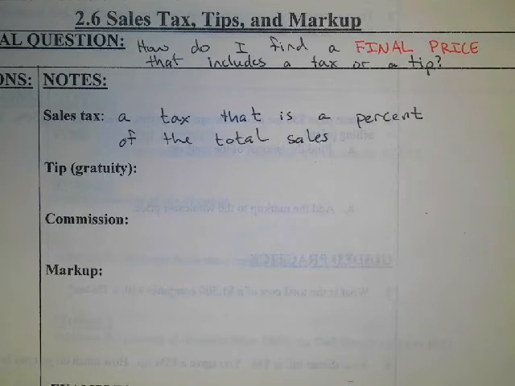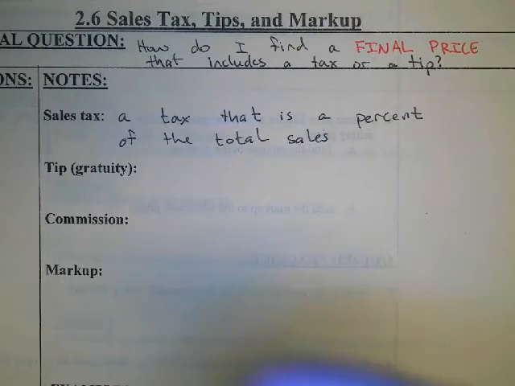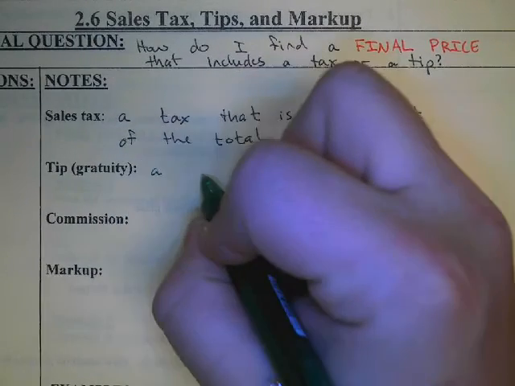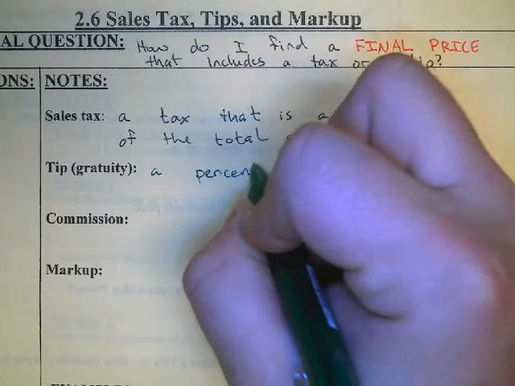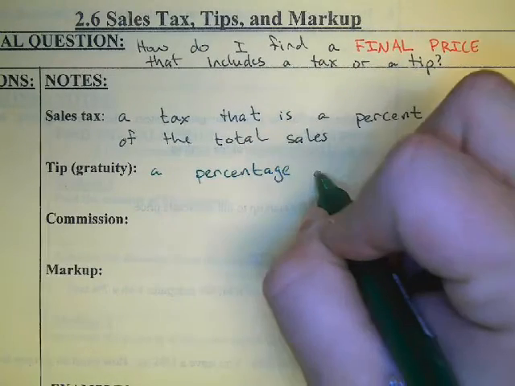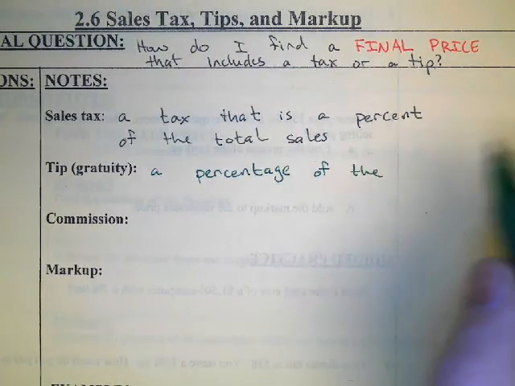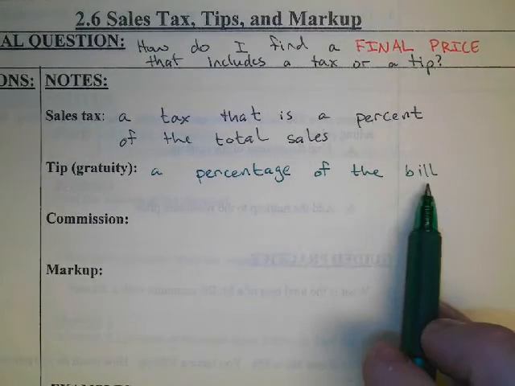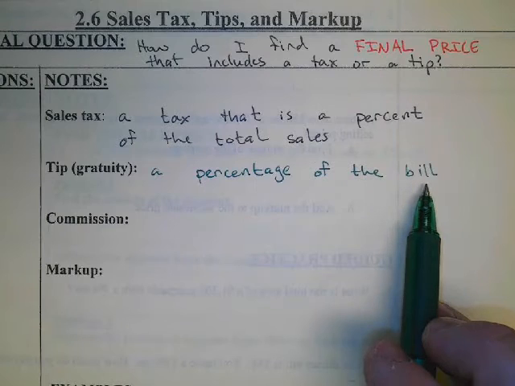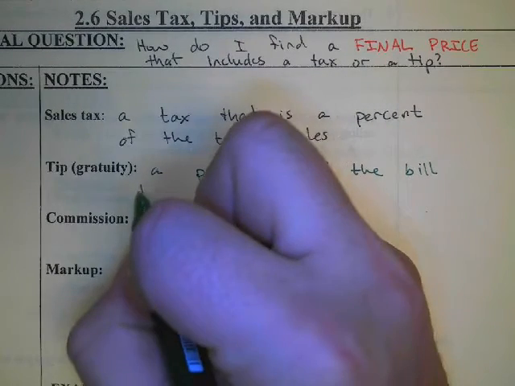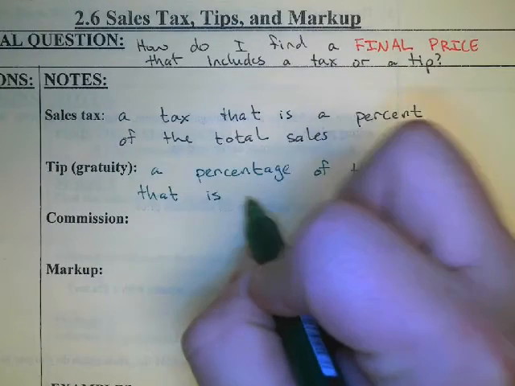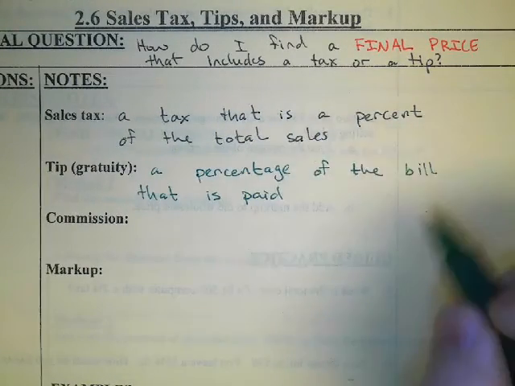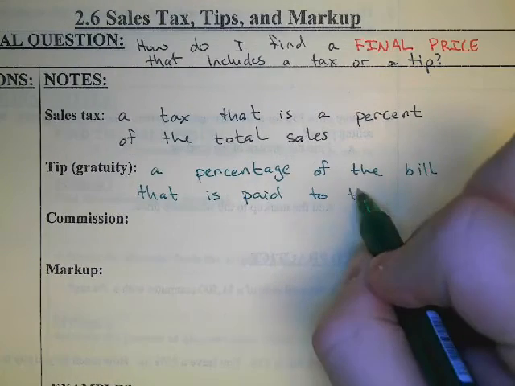A tip, or gratuity, another word for tip, is a percentage of the bill. The bill is your final amount that you're paying for the meal. A percentage of the bill that is paid to the server.